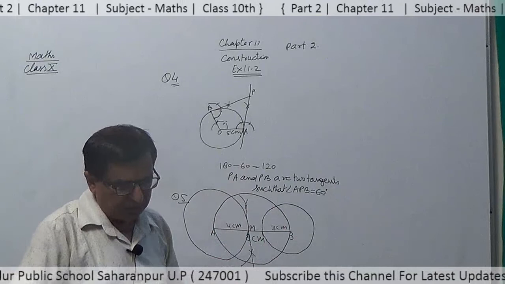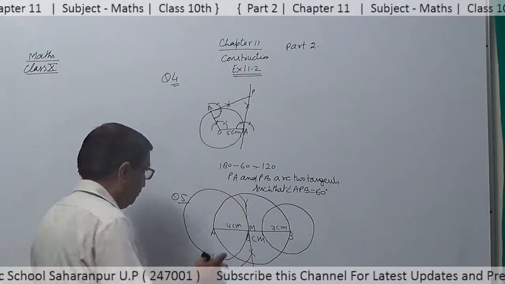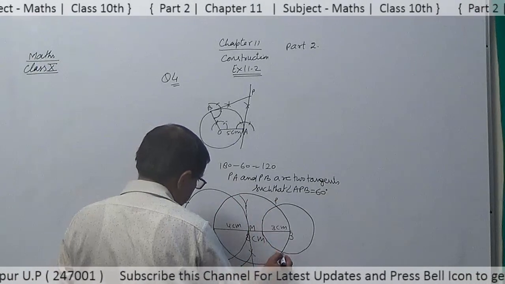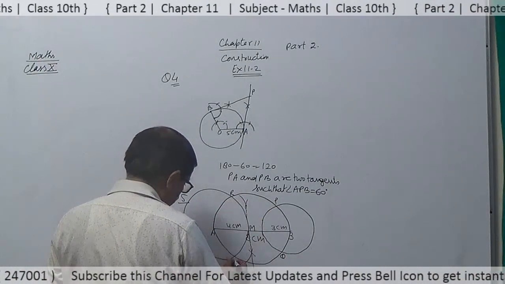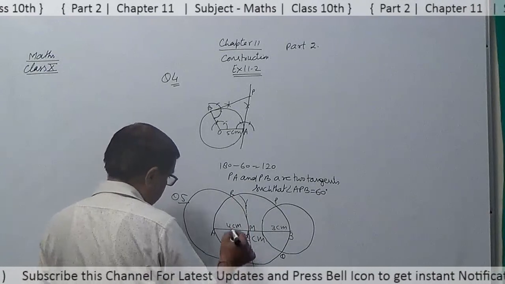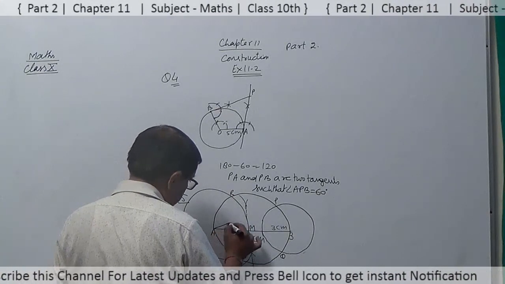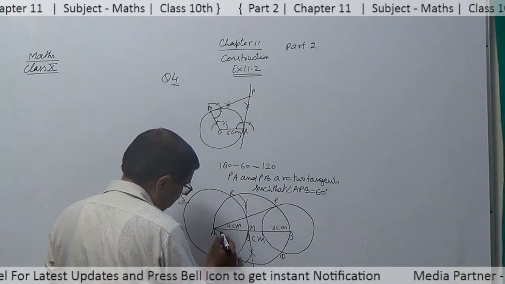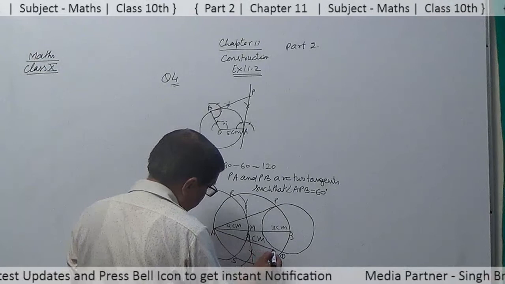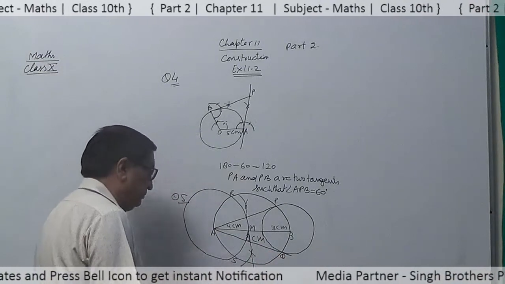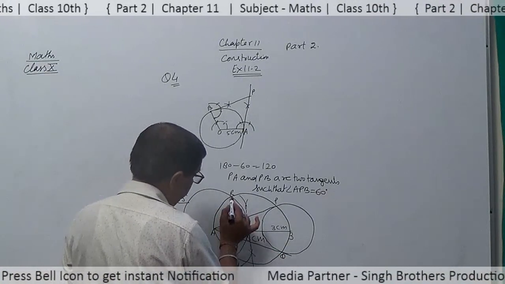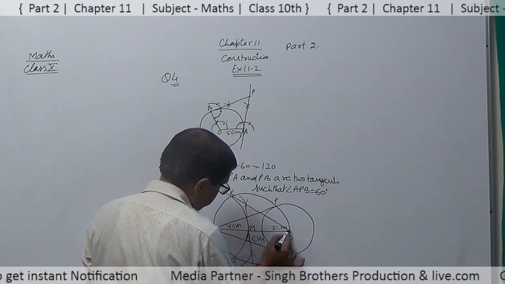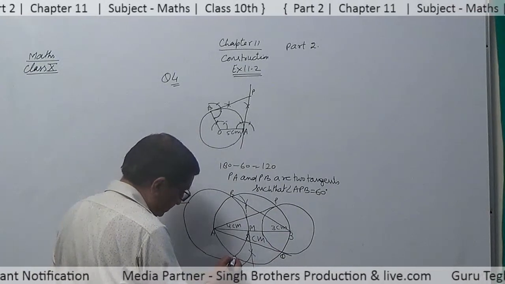It also passes through point B. It intersects at P, Q, R and S. Join AP and AQ, and also draw BR and BS.